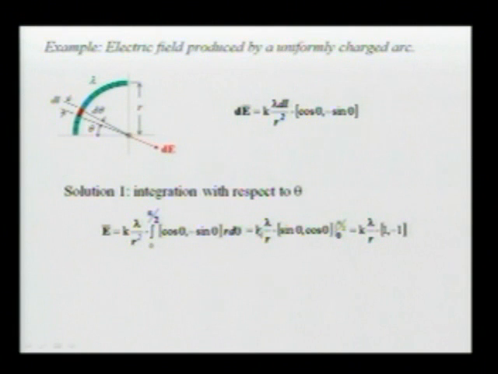Now I decided to use here a famous theorem from calculus. I took the indefinite integral of the cosine function. I recognize that the indefinite integral of the cosine function is the sine function. And in the second integral, I recognize that the indefinite integral of minus sine function is the cosine function. And then I plugged in the limits and got the expression for the electric field vector.